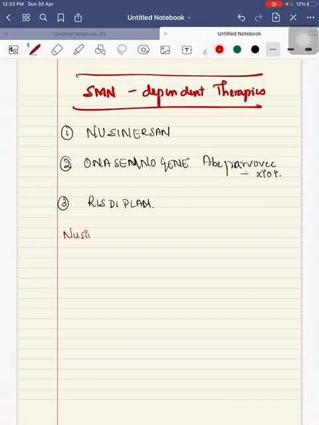Third is risdiplam. Okay, we'll see about each of the drugs, their mechanism of action and their dose.